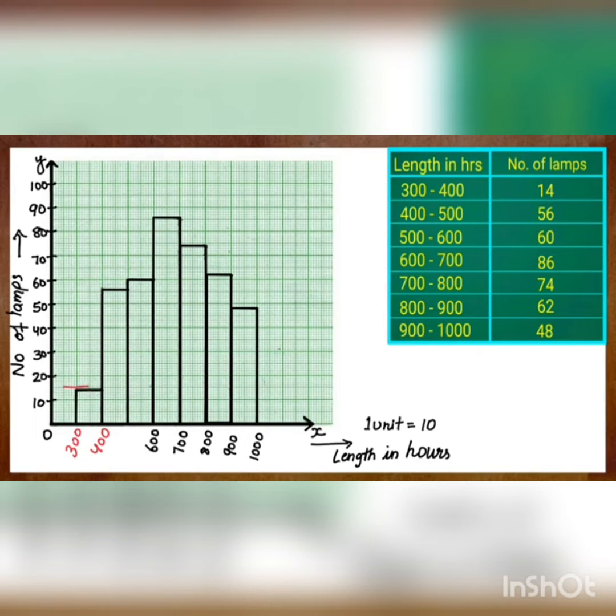Then we start marking the first one, 300 to 400. If you notice, it is 14, so we mark that. Then next, 400 to 500 is 56, so we mark that.